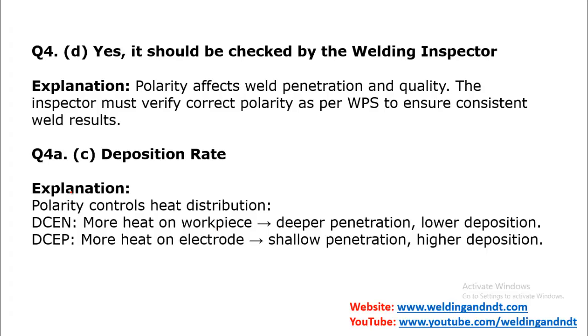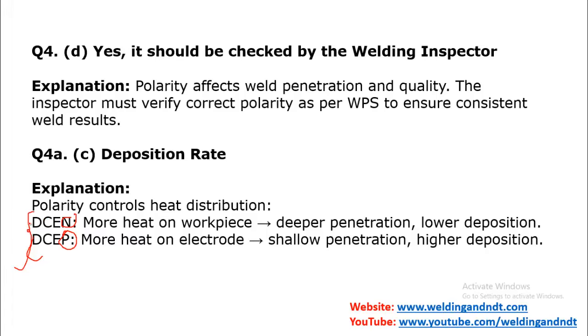See what happens, there are two types of polarity, DCEN and DCEP. I have explained polarity in a very separate video, so you can refer to that video from the playlist where I have explained what is DCEN and what is DCEP. DCEN is direct current electrode negative, means electrode will be connected with the negative terminal of the welding machine, and DCEP is direct current electrode positive, means electrode will be connected with the positive terminal of the welding machine.